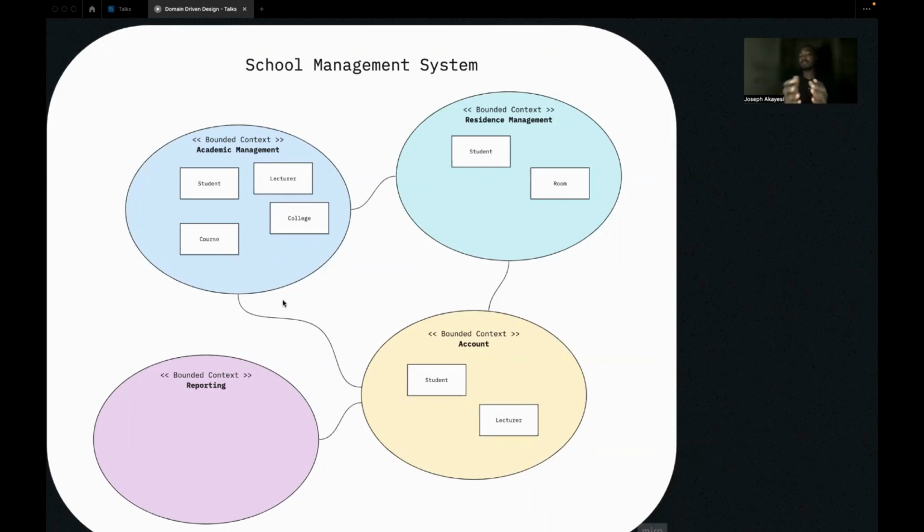And so for an academic management, we want to know which students have enrolled in which course. And so we have a student entity, which is an object, a course, which is an object within the bounded context. Then we want to know which lecturers teach which courses. So we have a lecturer entity. Similarly, we have the college, which courses belong to which college.